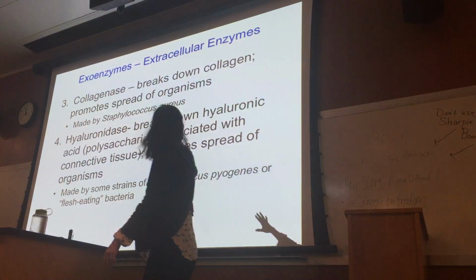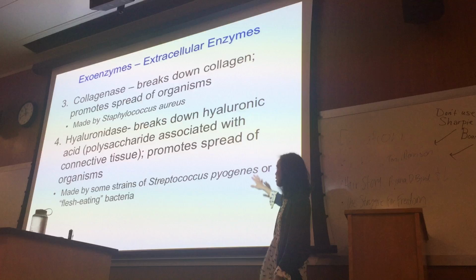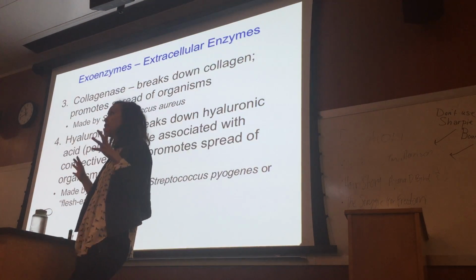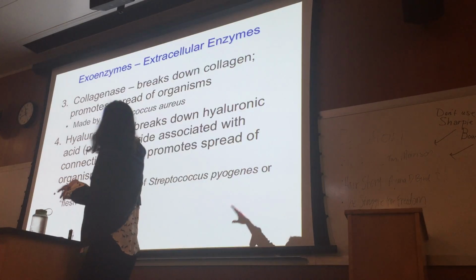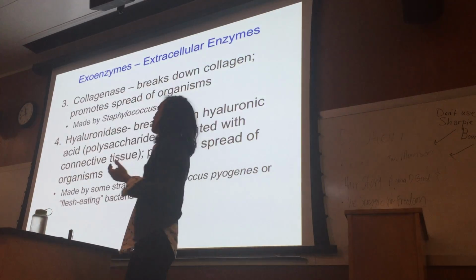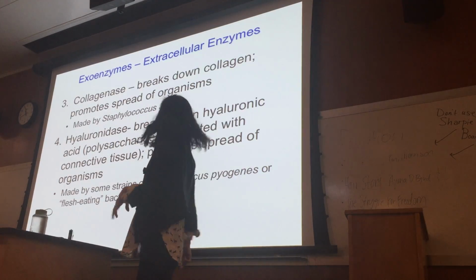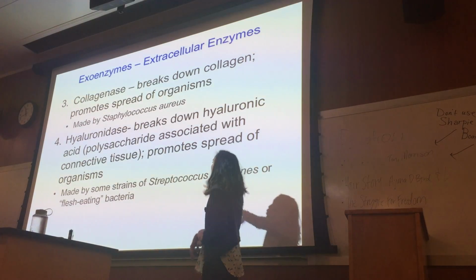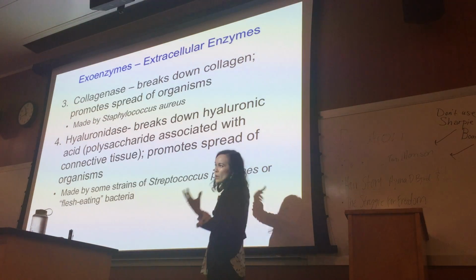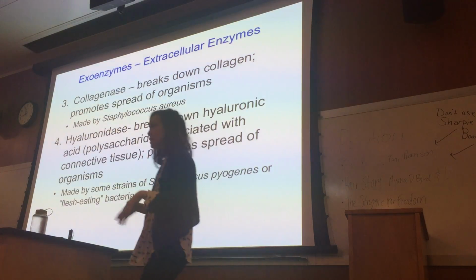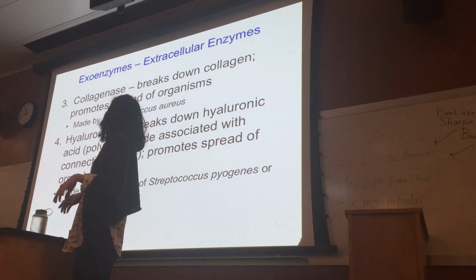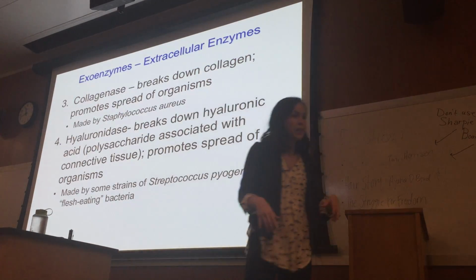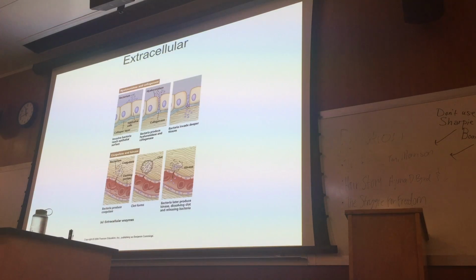So the flesh-eating Streptococcus pyogenes is notorious for making hyaluronidase and collagenase, and we call these invasive enzymes. In our bodies we have connective tissues that help to form barriers, of course. But organisms find a way to break down these barriers, unfortunately, and they can still slip through in our body.